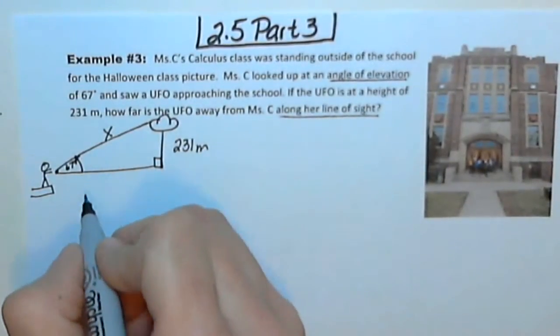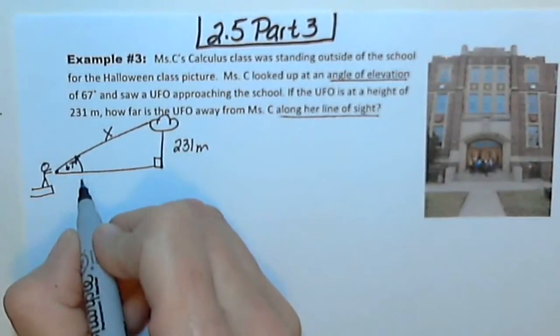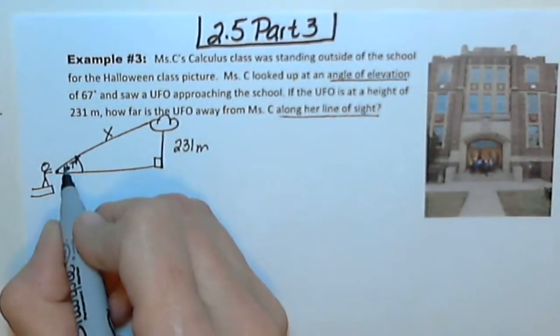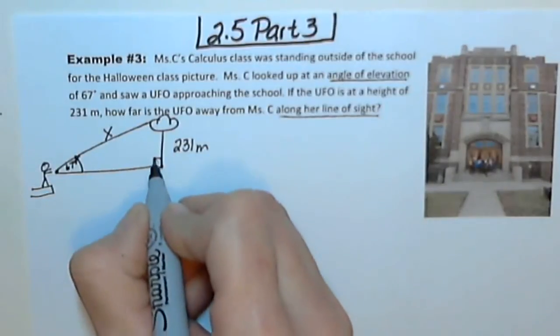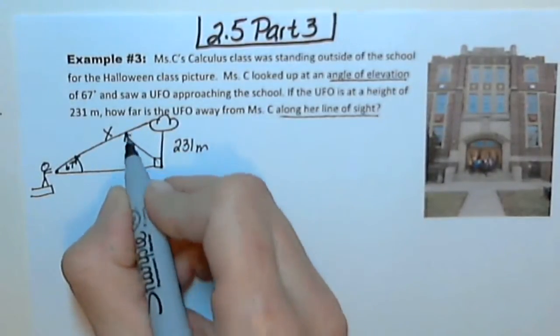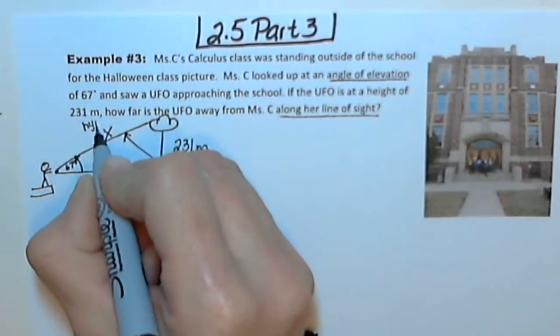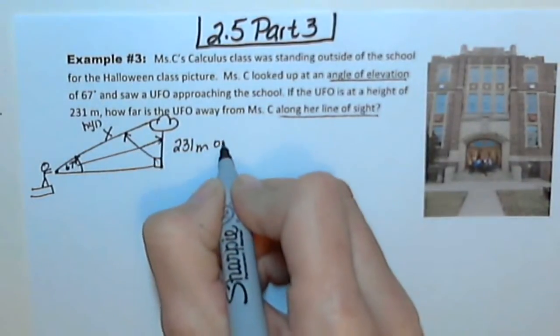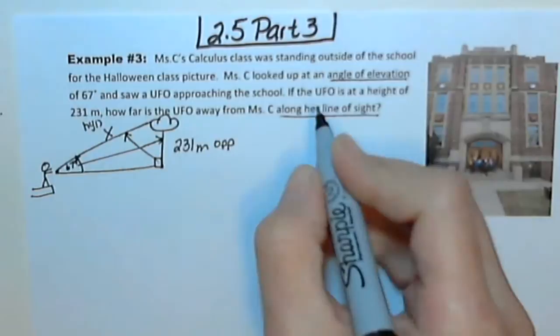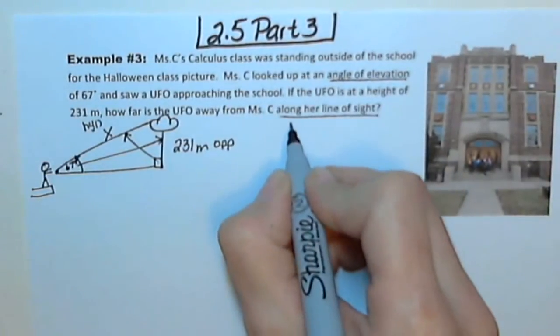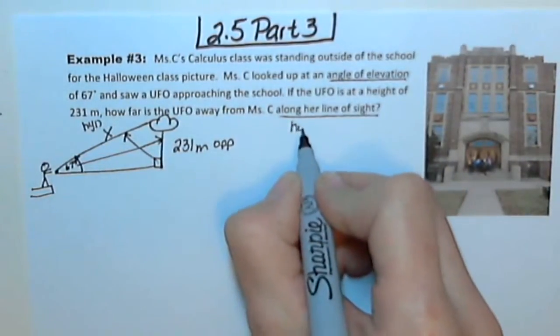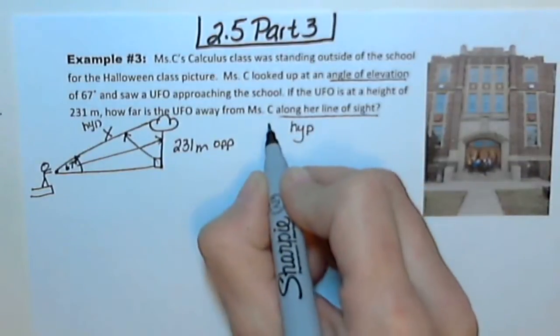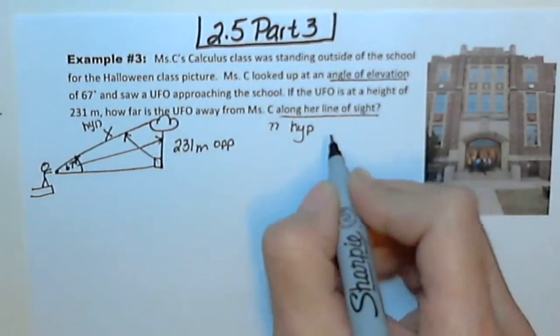So our first step after that is to fill in your triangle, what you know. Here's your angle. Here is your hypotenuse. And here is your opposite side. Let's make a list over here. So the hypotenuse is actually what we're looking for.